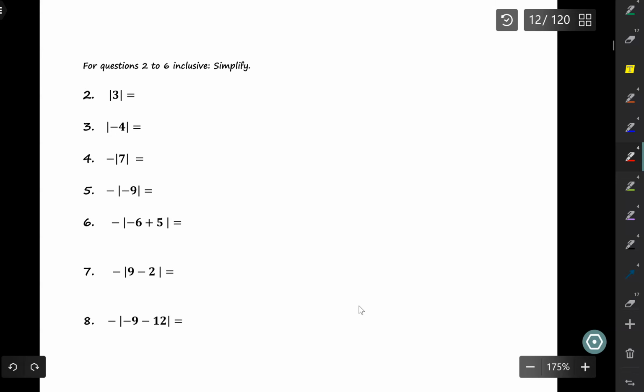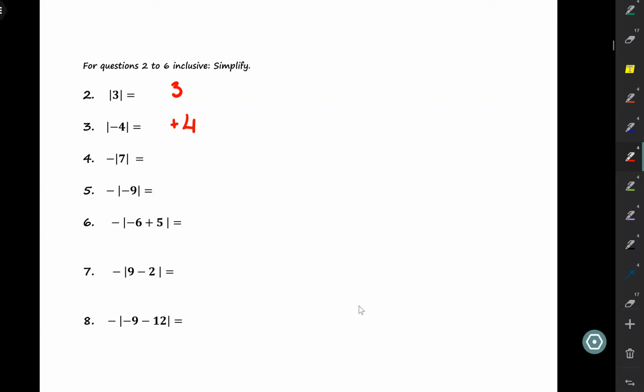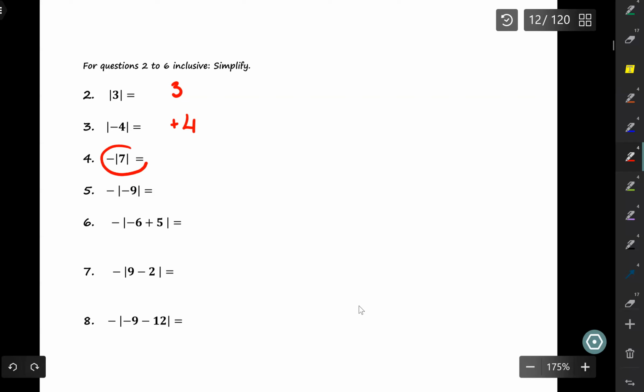So number 2, absolute value of 3 is positive, so it's just equal to 3. Right? Okay. So absolute value of a negative 4 turns into a positive 4. So all you have to do is just take the absolute value away, turn them into all positive values. But notice this, in this case you have a negative in front of the absolute value. So again, absolute value of 7 is just positive 7.